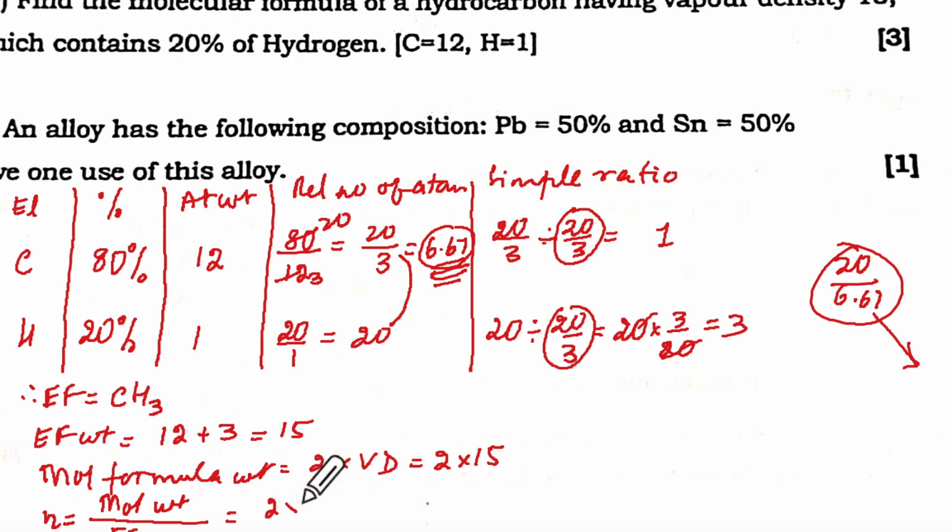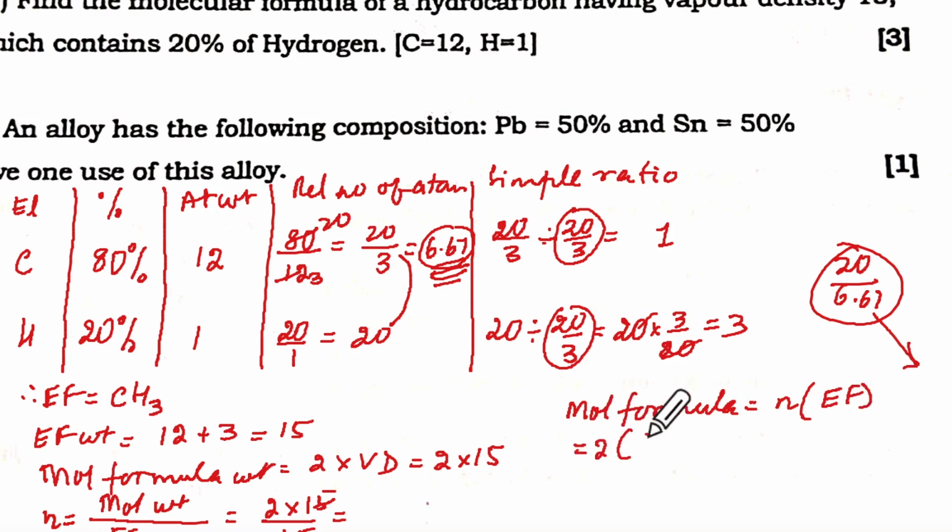So that will be 2 into 15 upon 15, which is equal to 2. So now I will have the molecular formula, which is going to be equal to N into empirical formula. So 2 into CH3, which is C2H6. So this is the molecular formula.